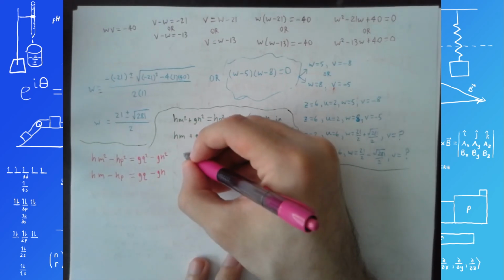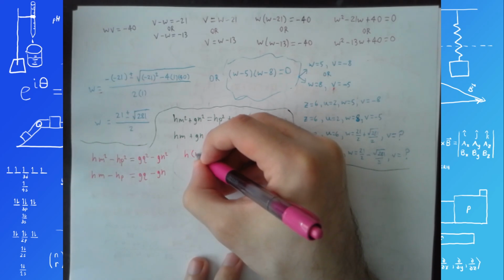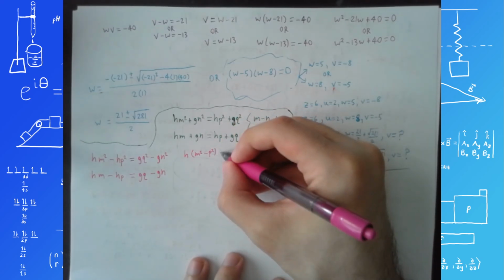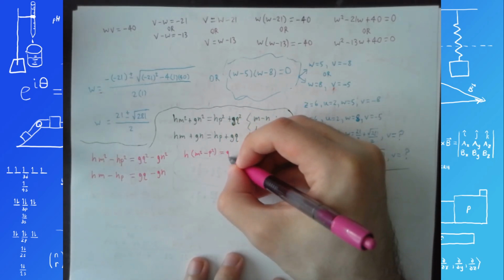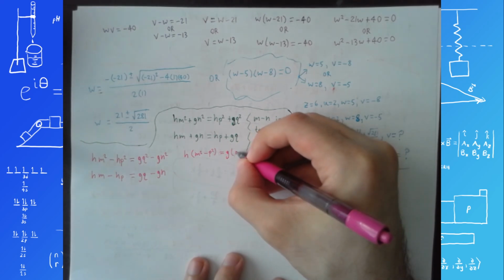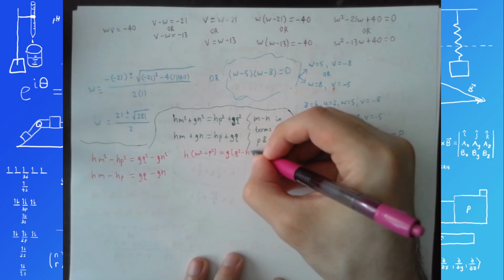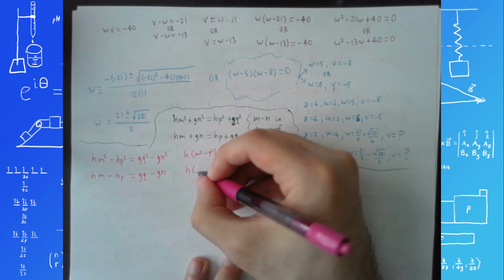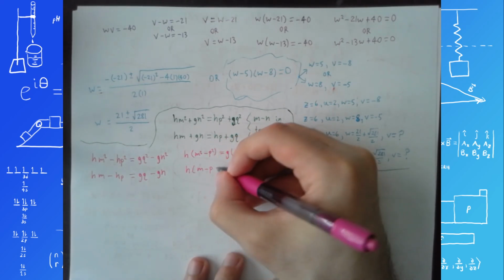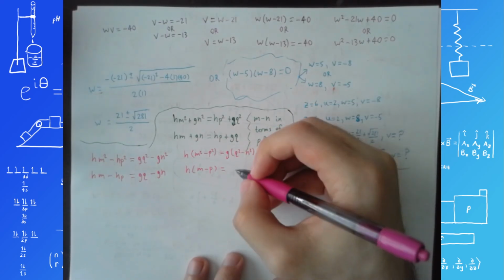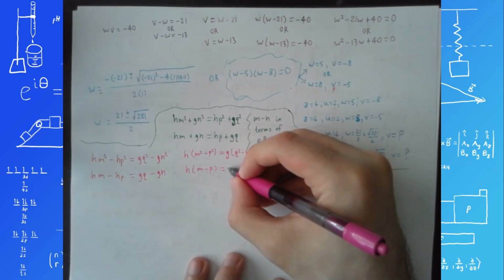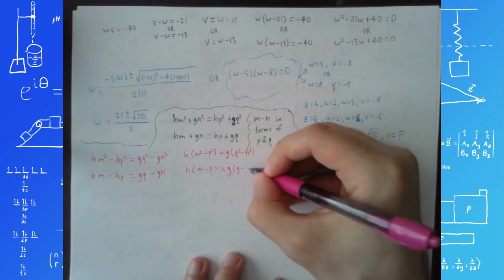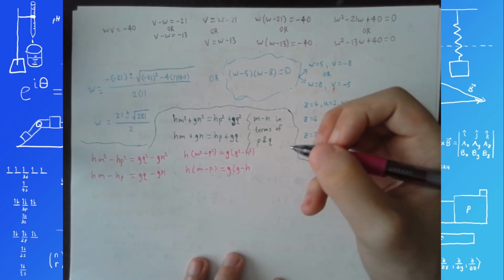So that gives me h times m squared minus p squared equals g times q squared minus n squared, and h times m minus p equals g times q minus n.